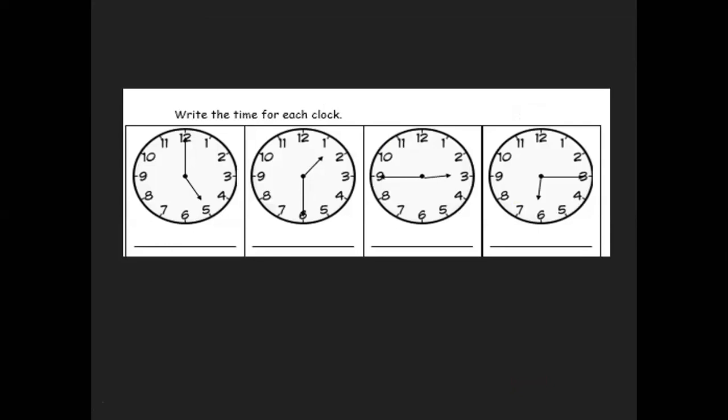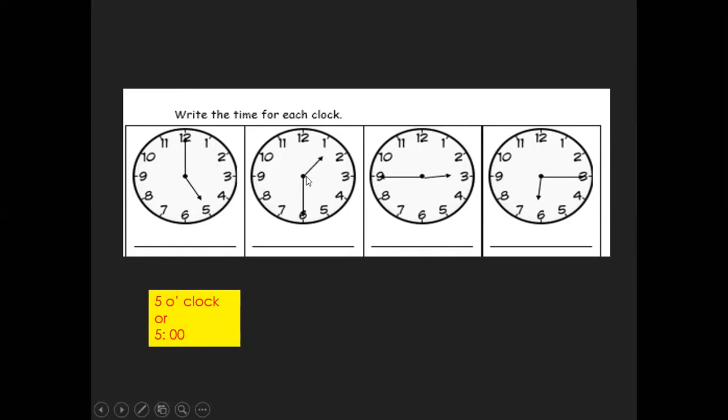So therefore, let's try to answer this one. If the hour time points at 5, that will be our time. And the minute hand points at 12. That will be o'clock or 00. So the time there is 5 o'clock, or it is written 5:00.